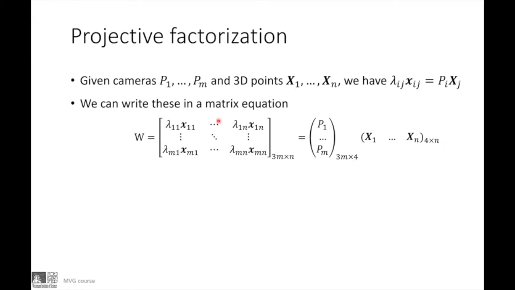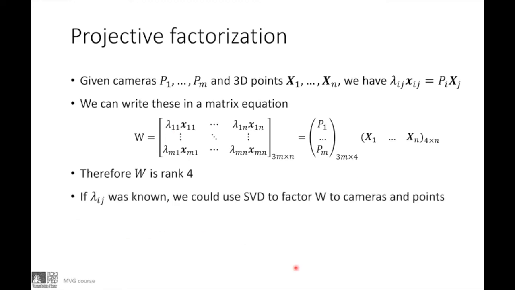Okay, so what can we say about W immediately if it satisfies this equation? Maybe it's of rank 4. Right. W has rank 4. If lambda ij were known, we could just use SVD to factor W into cameras and points, right?